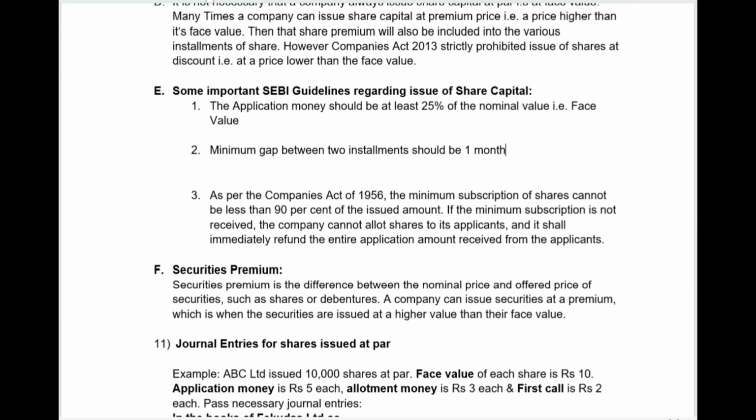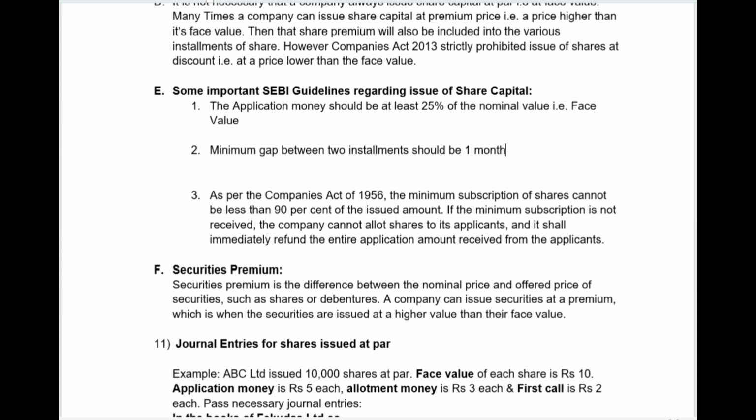And in that case, the company can transfer the application money to its share capital account. So always remember that the minimum subscription amount should be at least 90% of the issued amount. If it is less than 90%, then the company has to refund all the money to the subscribers.